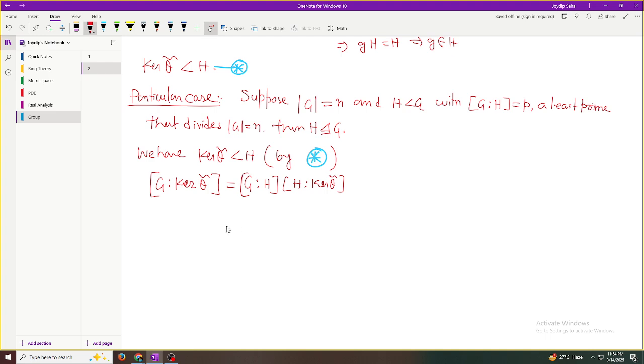Now G modulo the kernel of theta tilde is a subgroup of A(S).